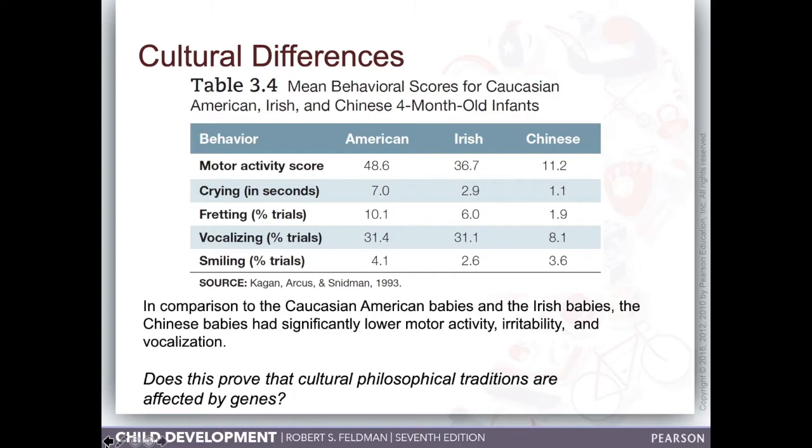Vocalizing is pretty similar between American and Irish and much lower for Chinese, while smiling is a little more average between the three. The source is from 1993, so it would be interesting to see it more updated, but that goes to show some typical behaviors within infants throughout different cultures.